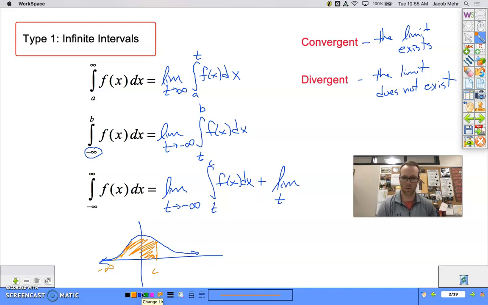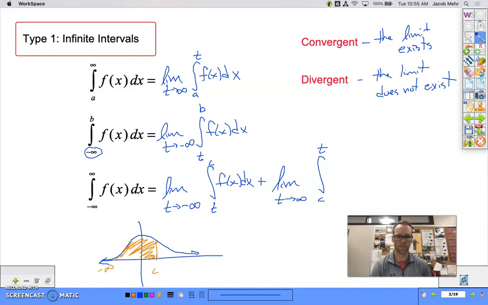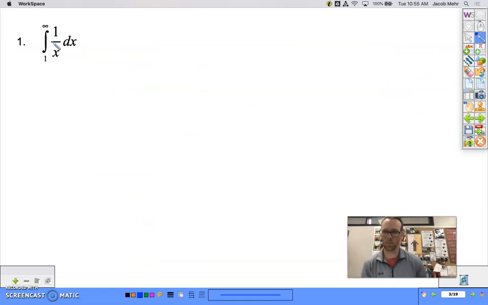Then over here we have to take the limit as t goes to infinity of the integral from c to t, which is really going to be from c to infinity of f of x dx, and that will be the rest of it. So we just have to split it into two integrals like we saw before.